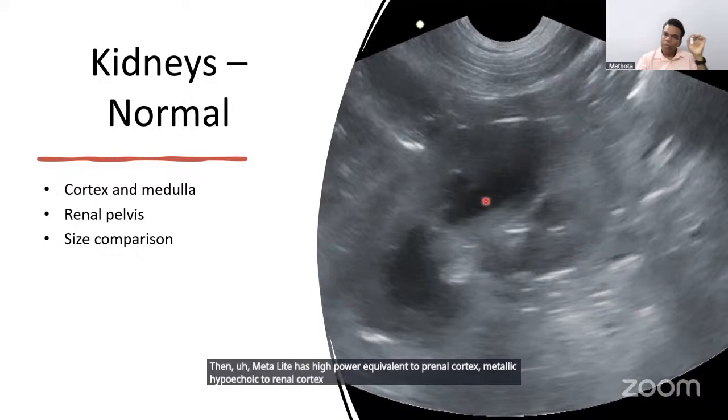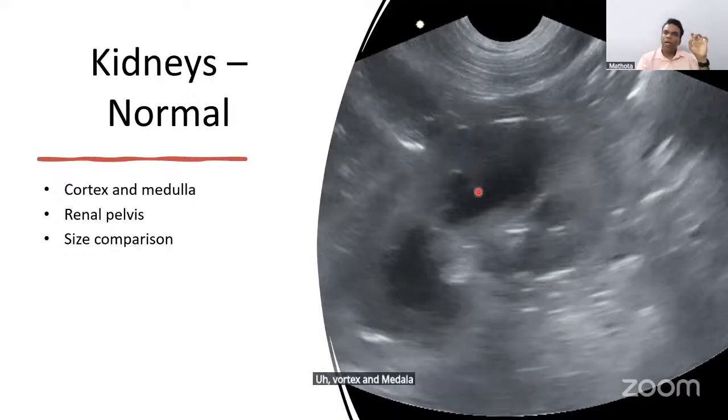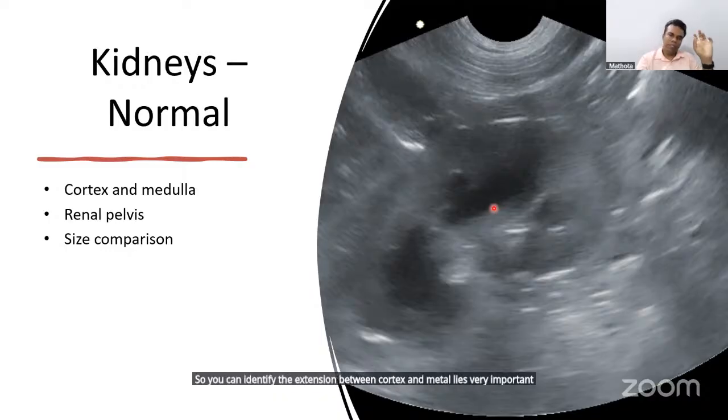Then there should be a clear distinction, a differentiation, between these two, cortex and medulla. You can clearly identify the difference between the echogenicity. The renal cortex is medium echogenic and this is hypoechoic. So you can identify. The distinction between cortex and medulla is very important in identifying renal diseases.